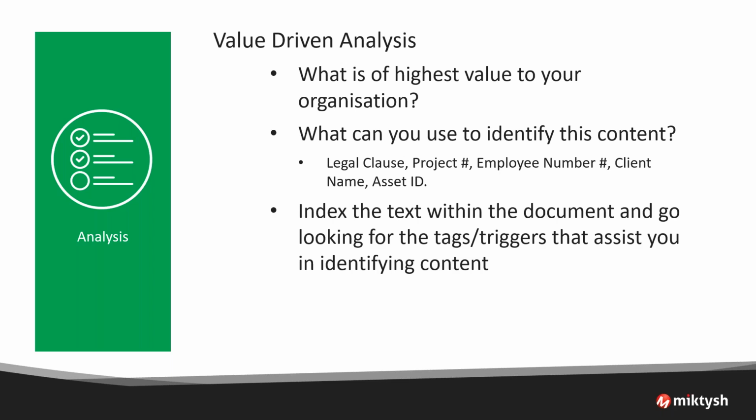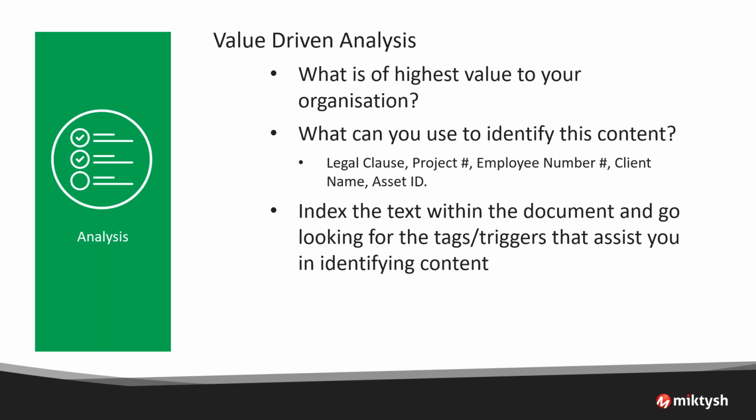The next thing from our perspective when looking to do good analysis for a content migration is to actually index the text within the document and go looking for the tags or triggers that assist you. So, our belief is you need to undertake a full index of all of your content rather than just looking at that MD5 hash, which is just a high level view of the document. Then you can go looking through those documents for those employee numbers or client names or, again, whatever is important, and as part of that process, tag or attach that metadata to those pieces of content.